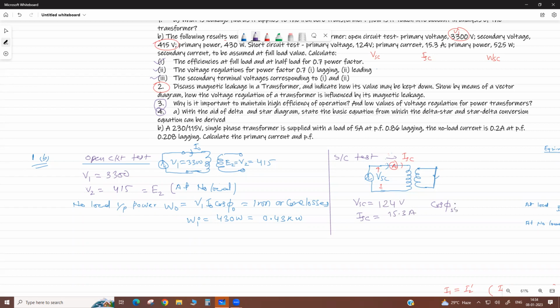Short circuit power factor. This is also given. Short circuit power only given, power on the primary side. So what is the power input during this short circuit?